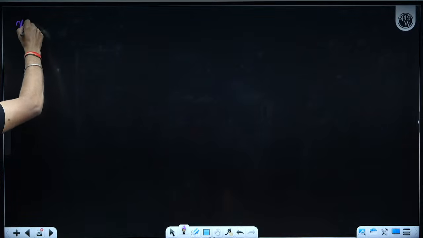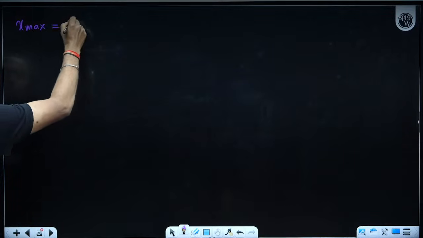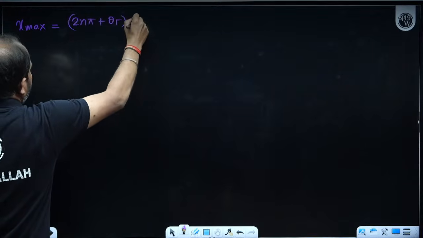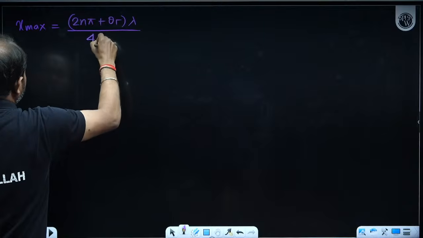So X max is equal to 2n pi plus theta gamma into lambda divided by 4 pi.